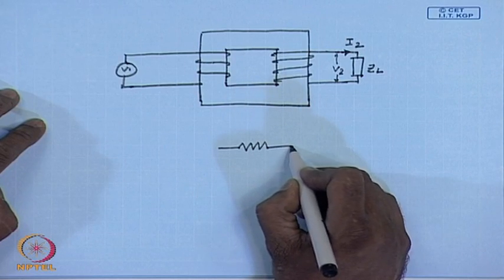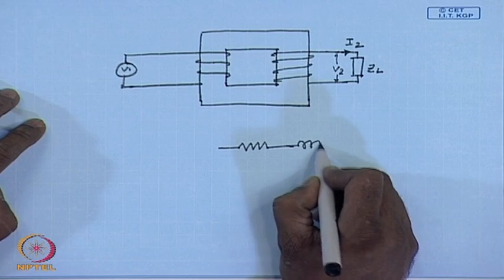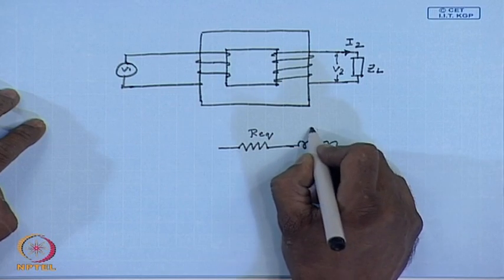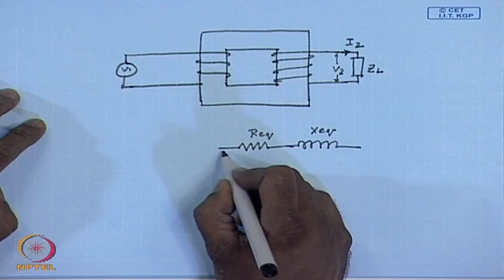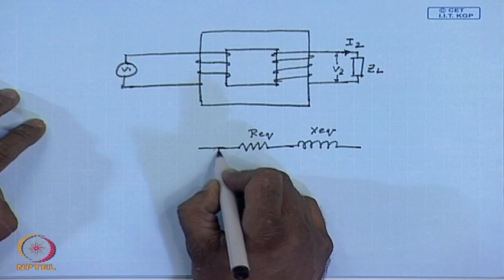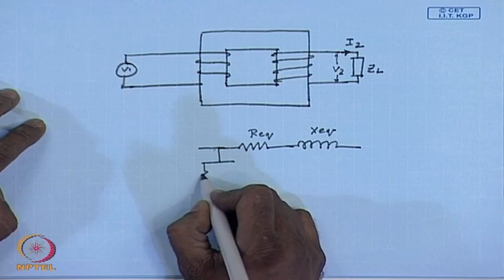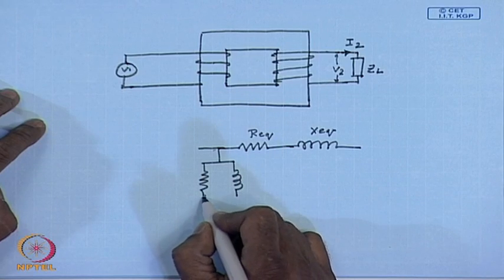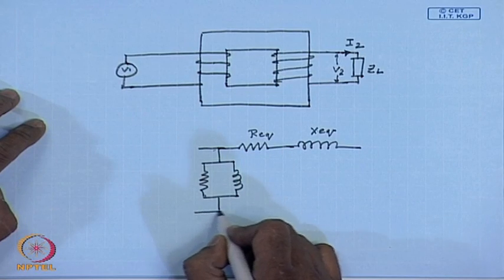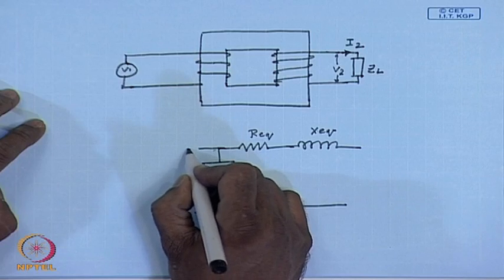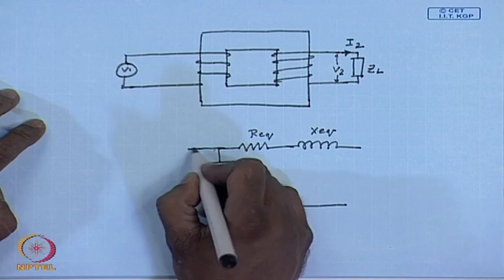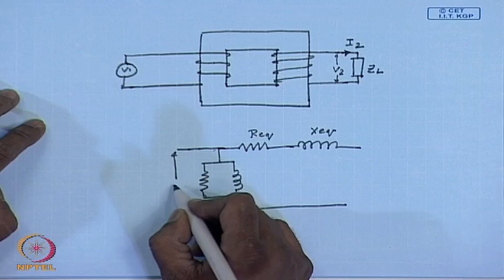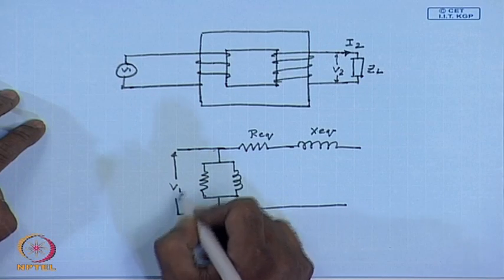Just say these are Req, Xeq, the magnetizing branch, the applied voltage referred to the load side is V1 dash.